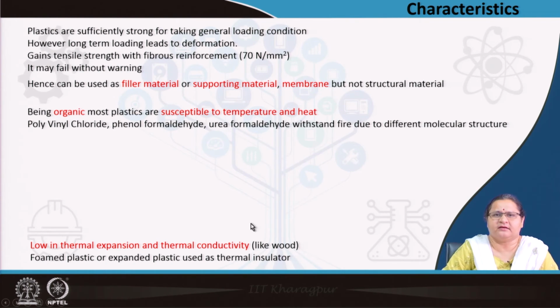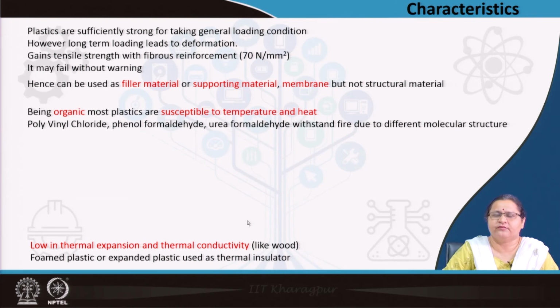Being organic, most plastics are susceptible to fire, temperature and heat, and as you know, thermoplasts melt at around 50 degree, where they can get de-shaped. So, a minimum fire can actually destroy it.